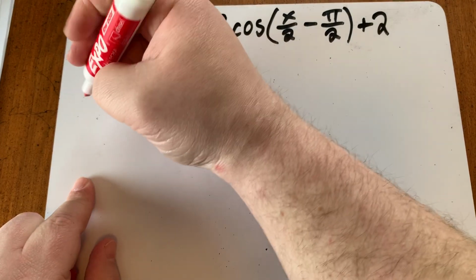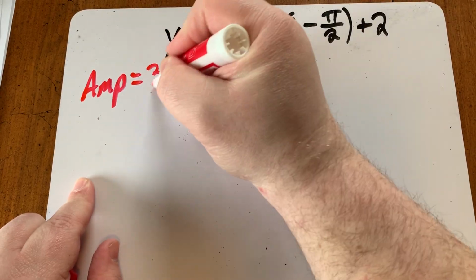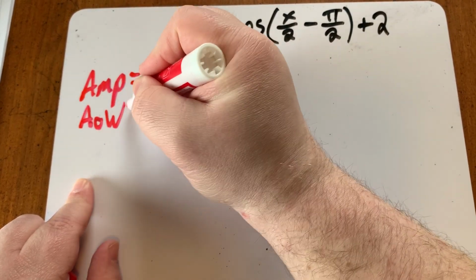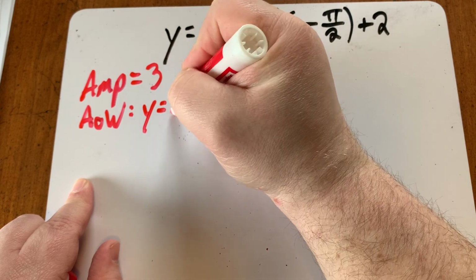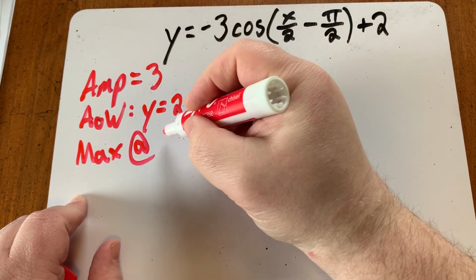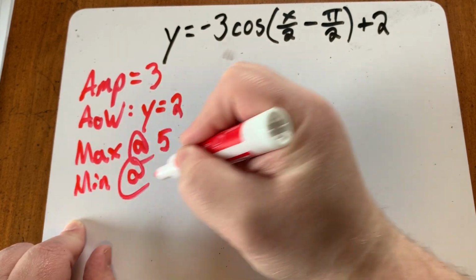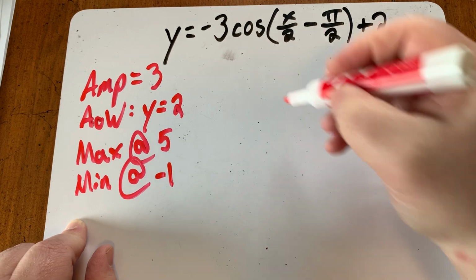We know our amplitude is 3. Our axis of the wave is at 2. Our maximums are 3 above 2, which is 5. Our minimums are 3 below 2, which is -1.